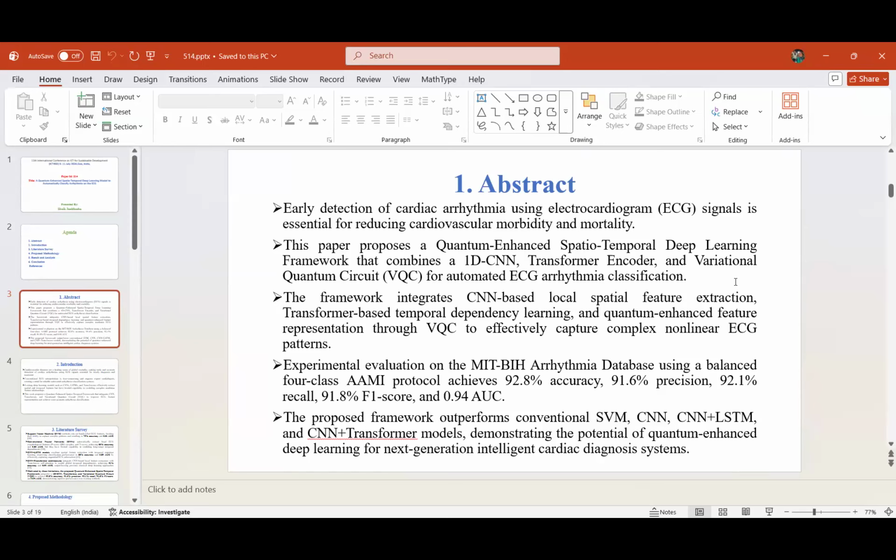In this experiment, we used the MIT-BIH arrhythmia database. And here we achieved 92.8% accuracy, precision 91.6%, recall 92%, and F1 score 91.8%. The proposed framework outperforms conventional methods such as SVM, CNN, CNN plus LSTM, and CNN plus transformer models.